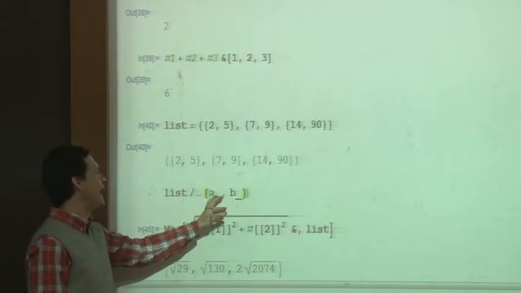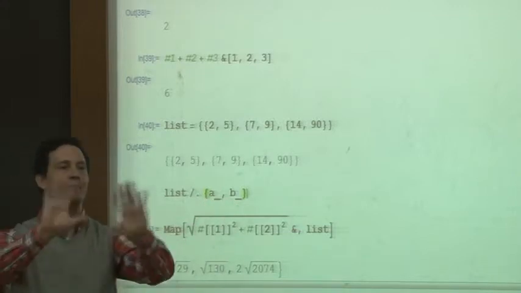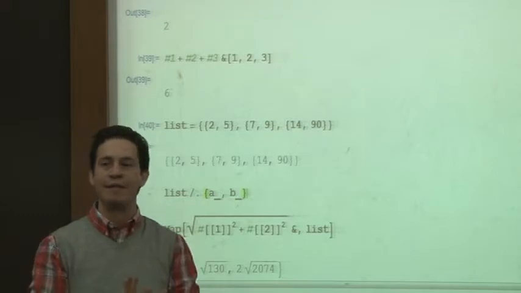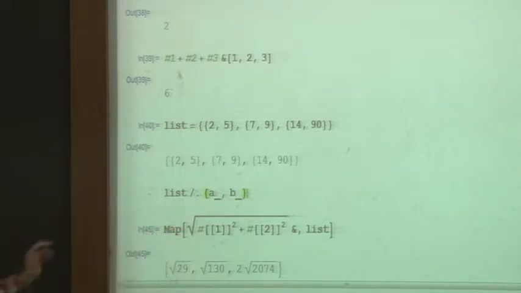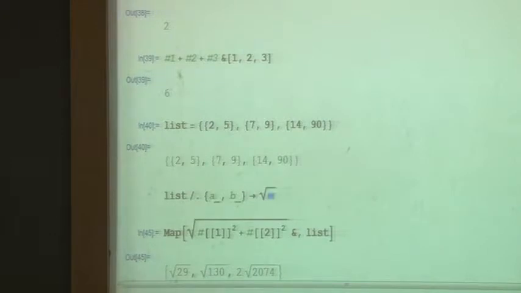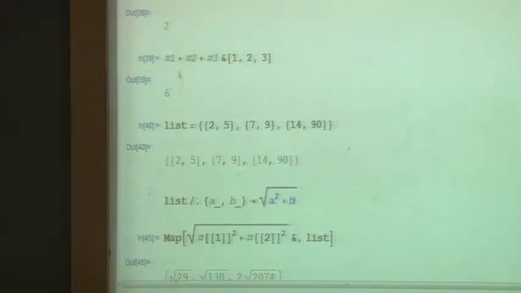I'm going to name the elements A and B. You can name them ITB and Bandung. I don't care, whatever you want to name it. The point is that we need to have 2 arguments, right? And I need Mathematica to change that to what? A squared, very good. A squared plus B squared. Excellent. Look at that.